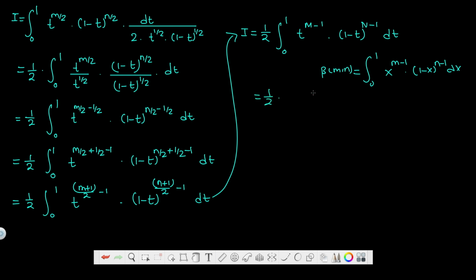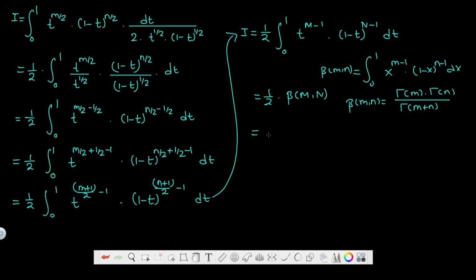1 over 2 times beta capital M comma capital N. And we also learned that beta m comma n equals gamma m times gamma n over gamma m plus n.